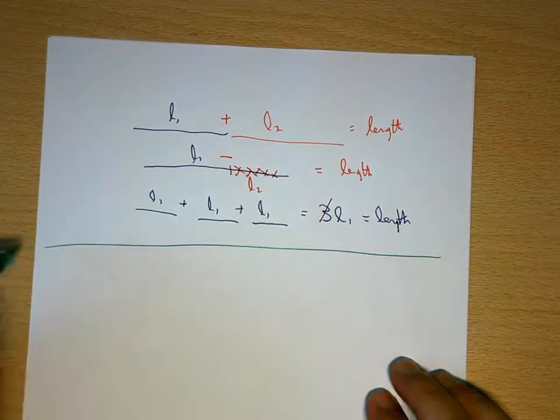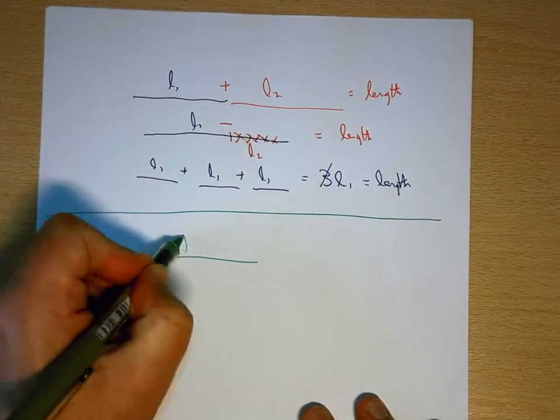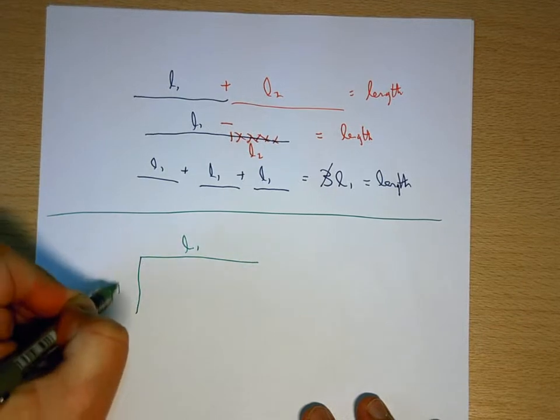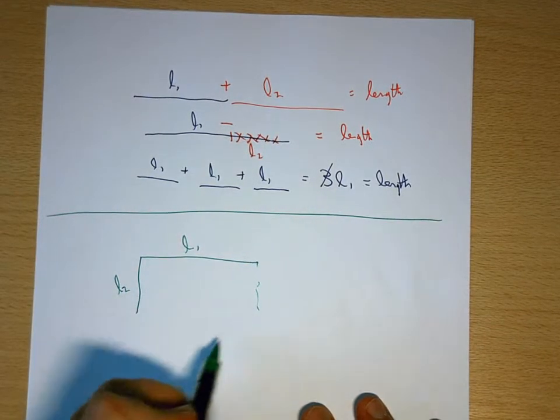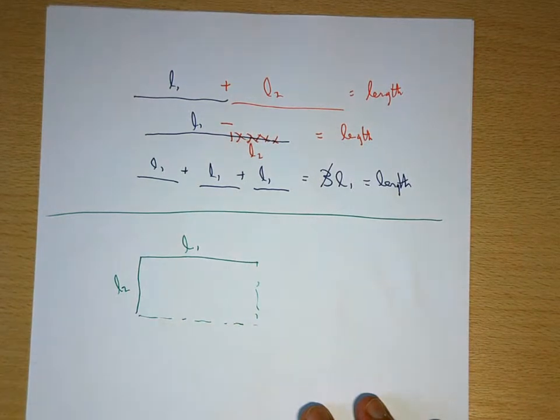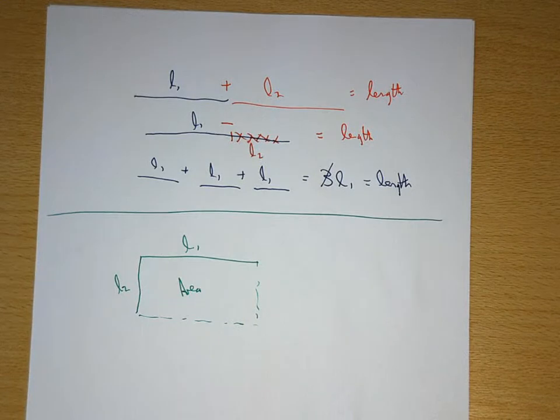Now, if we multiply a pair of lengths, then we know from our key stage 3 work that what that does is it produces an area.